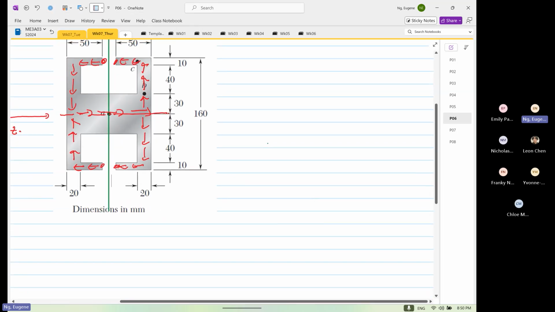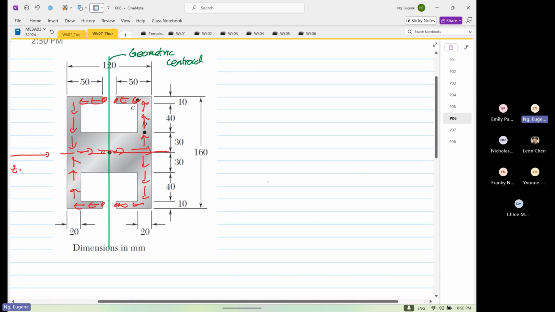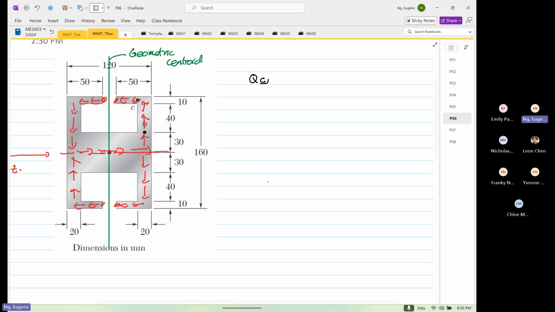So if we look at the first moment of area of point C, right? Now this is our width, and this is now our depth. So we are going to do the first moment of area about the y-axis at point C. Now the width is equal to 10.